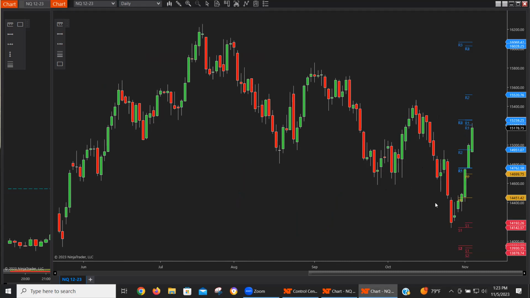But first thing is daily. So I come in here and I see previous high has been taken out. Next area of liquidity major is way up here. And we're right here right now.